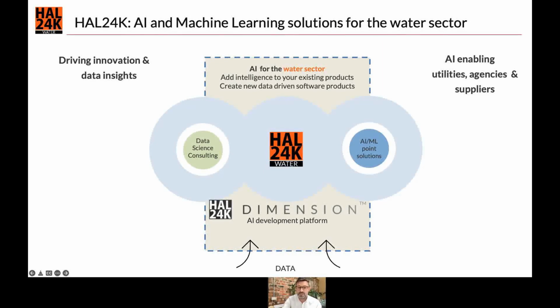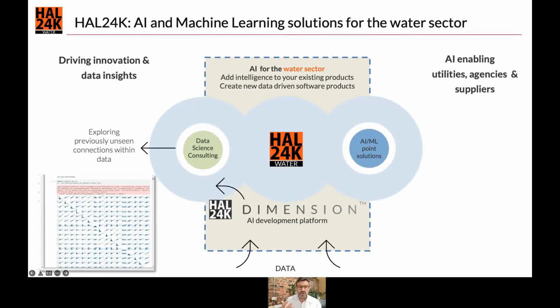Because what we do as an organization, we do two things. We use data science to solve and find previously unseen connections within data. So that could be unique, early stage research, to try and uncover relationships that have always been there but have never been uncovered. Little gems that may help move the industry forwards.